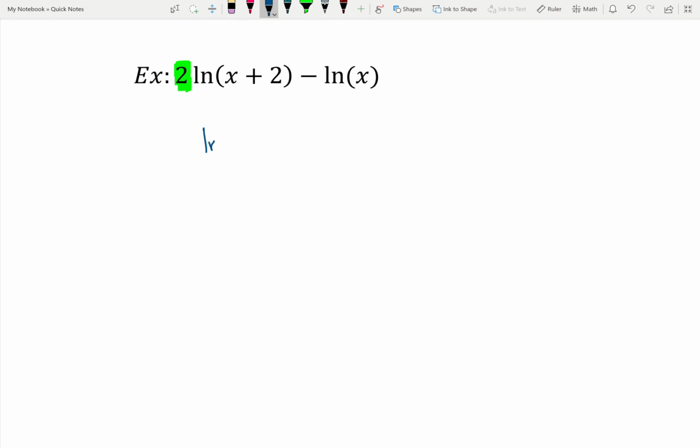So we have ln of x plus 2 squared minus ln of x. Now note that we have a minus sign. So in our previous step, we used the reverse of the power rule. Now we're going to use the reverse of the quotient rule. We're going to contract these.